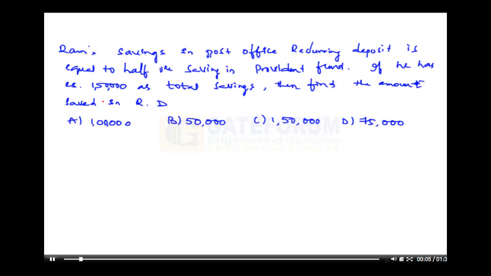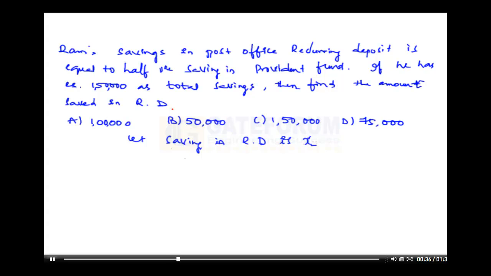Ram's savings in post office RD is equal to half of the savings in Provident Fund. If he has 1,50,000 as total savings, then we have to find the amount saved in RD. Now, let us take the saving in RD as X. Now what happens?